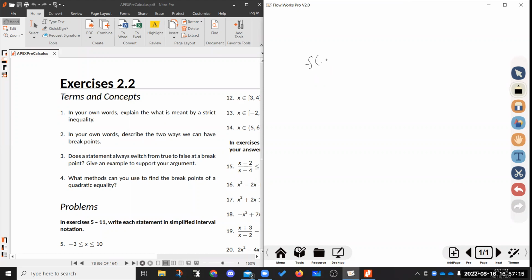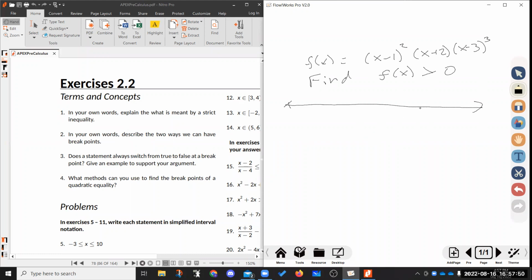f of x is equal to (x minus 1) squared times (x plus 2) times (x minus 3) to the third. And I want to find where f of x is above the x-axis, so greater than 0.